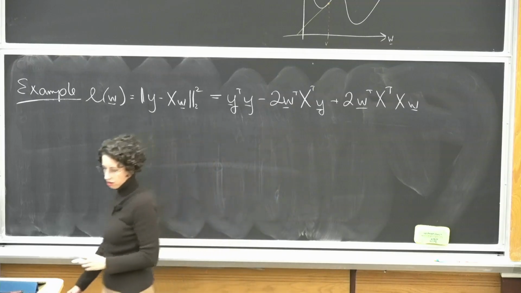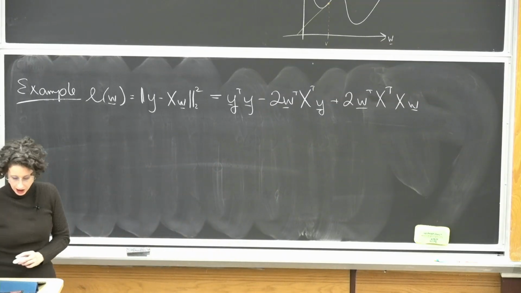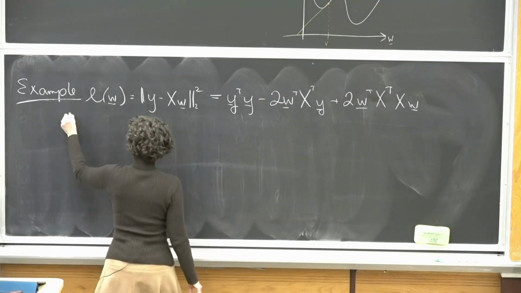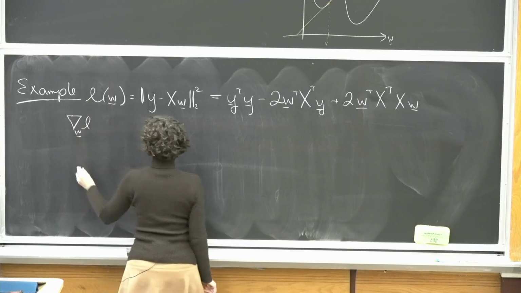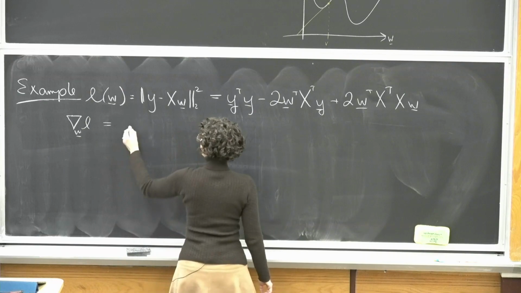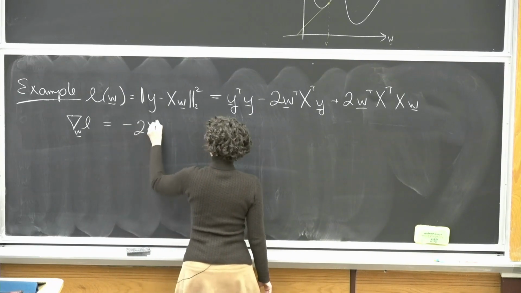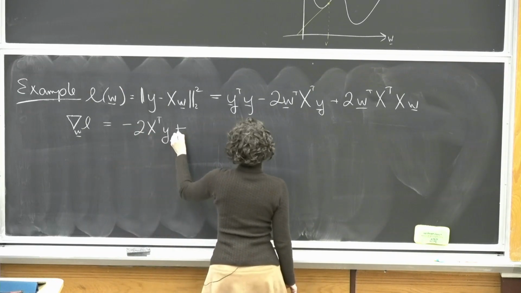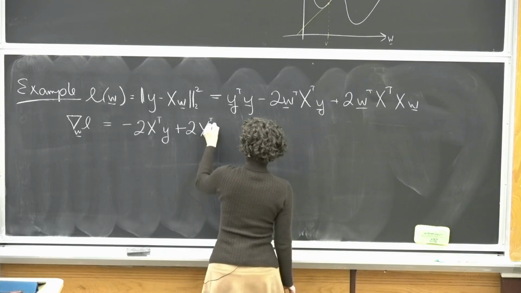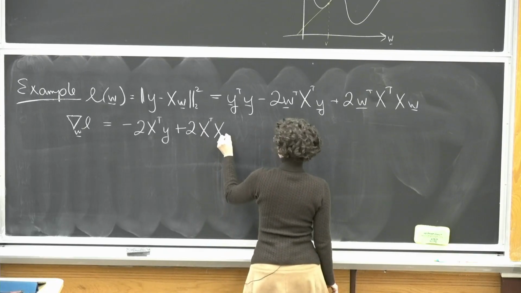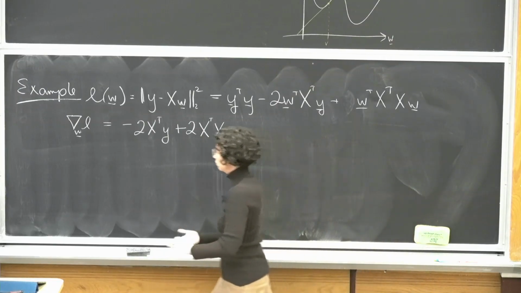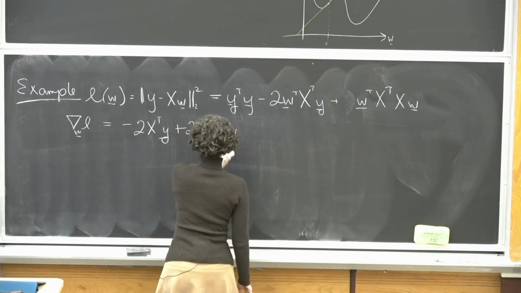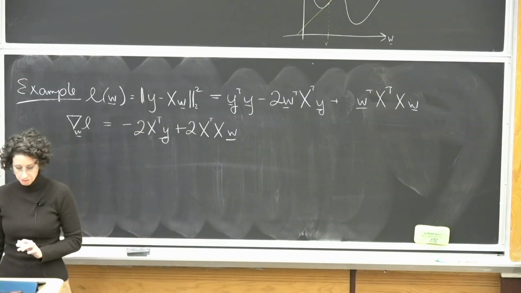Okay, so this is our objective function. And as we derived in the past, the gradient of this function with respect to w was equal to negative 2 X transpose y plus 2 X transpose X w. Okay, so this is our gradient.